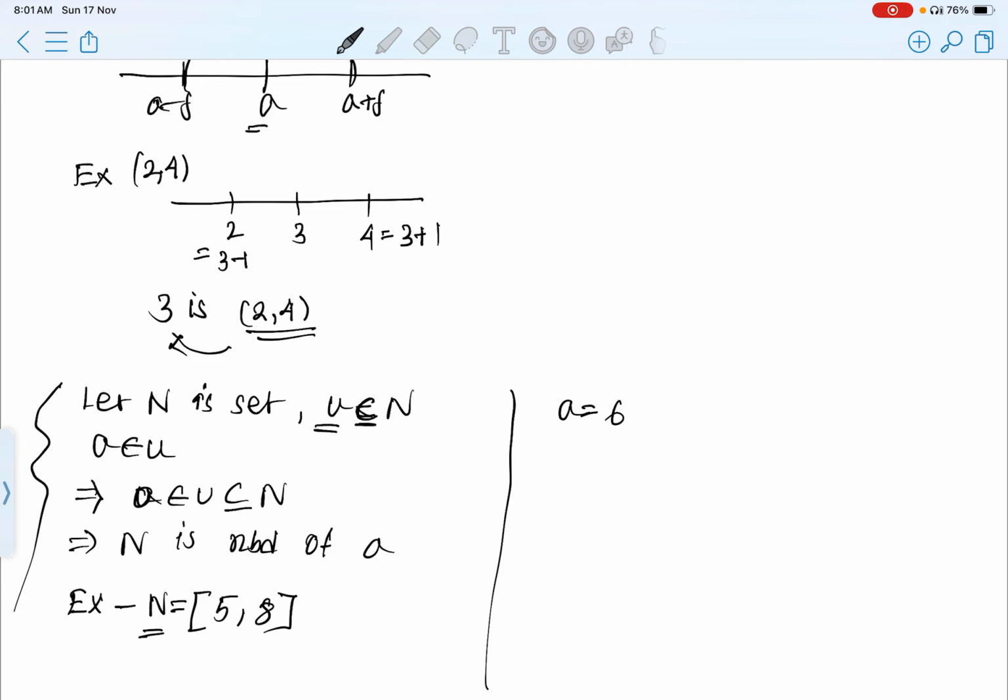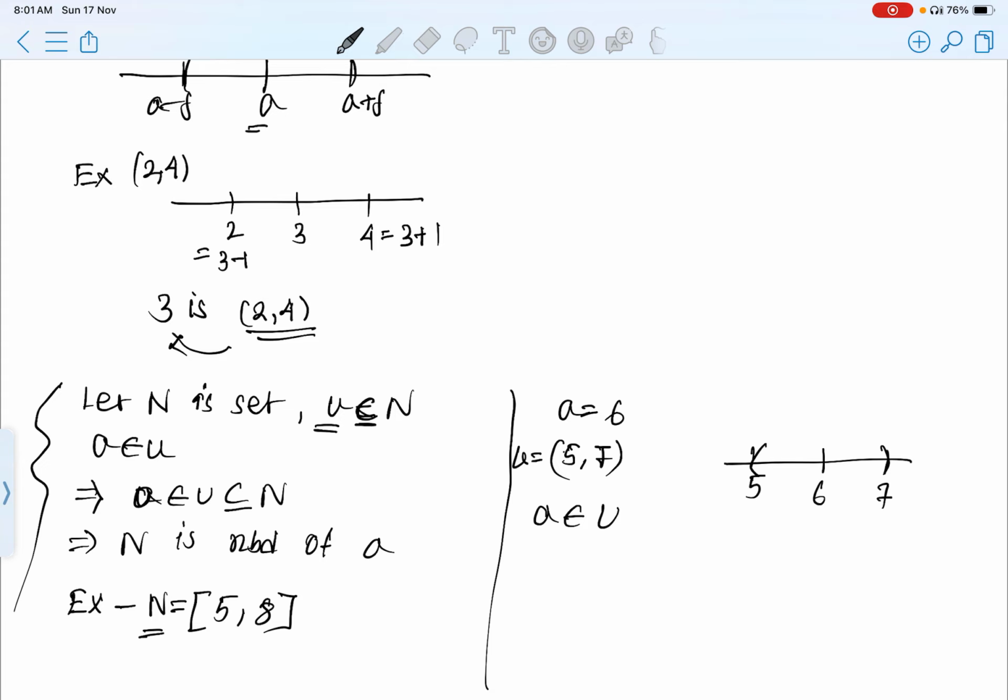Take (5, 7). Can I say that this is an open interval for 6? Because if I write 5 here, 7 here, can I see 6? This is an open interval. Clear? Maybe this U is clear. Then observe here, a belongs to U. Clear? Obviously.